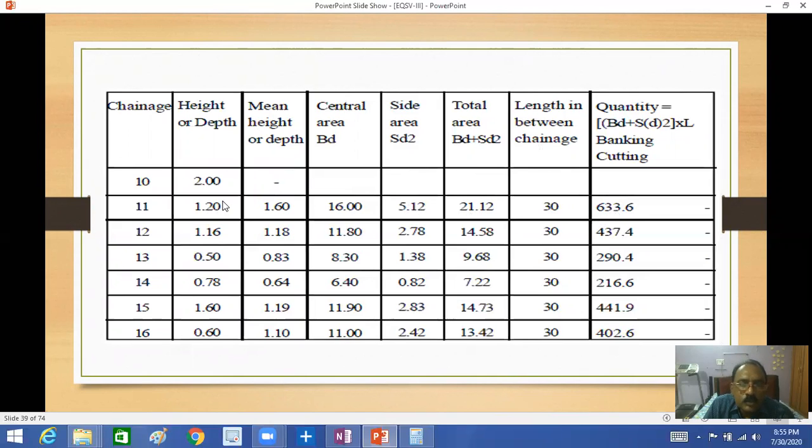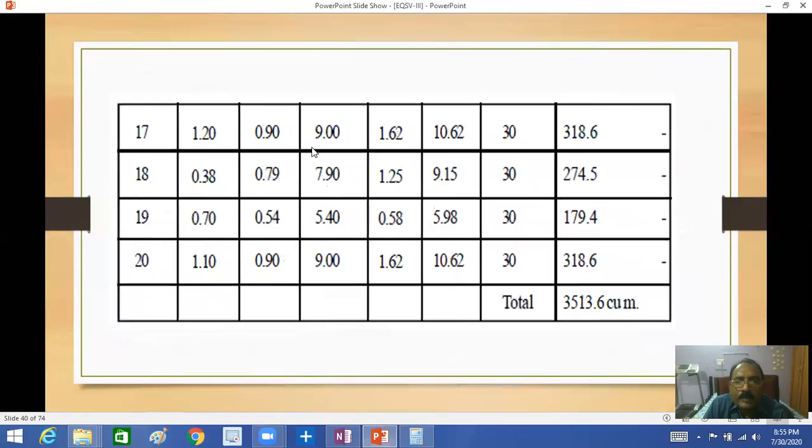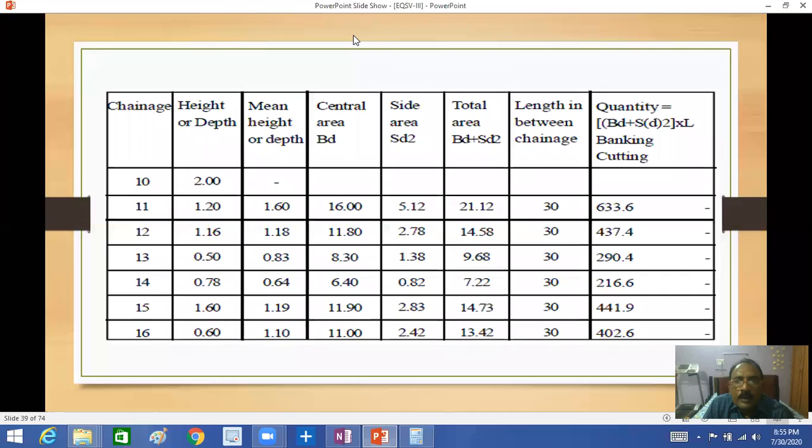Similarly, you take the averages of the next two depths, which is 1.18. You calculate the area for each chain and the quantity, like that A1, A2, A3, and you will get the quantities.